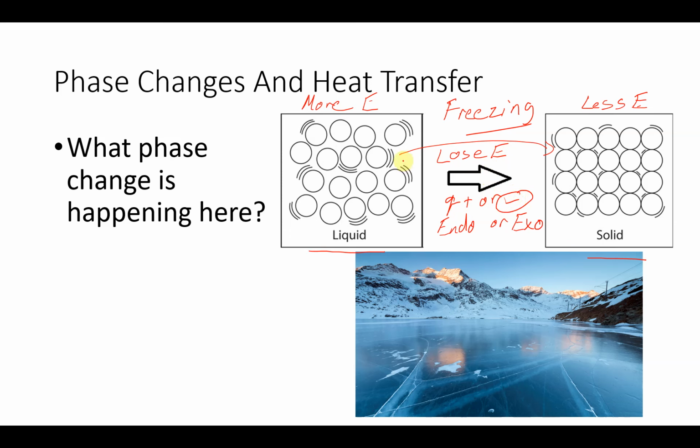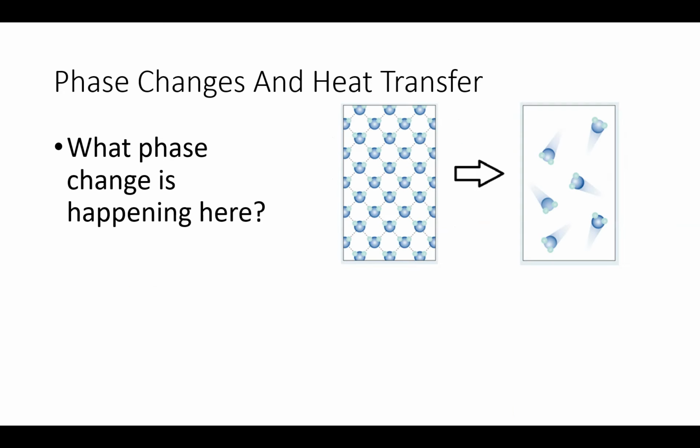And if it's losing heat, the heat must be exiting these particles, so I think it's exothermic. So freezing is exothermic. And it's amazing how just looking at the particles and thinking about which ones are wiggling more, are the liquids or the solids wiggling more, can help you figure out whether they have to gain or lose energy. Whenever you have a phase change, draw a particle diagram.